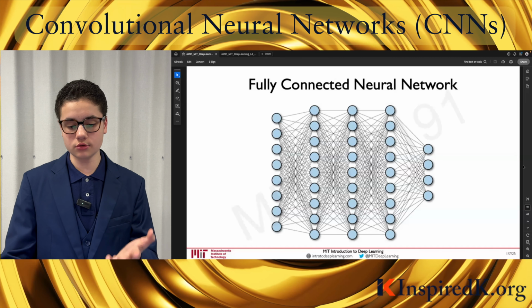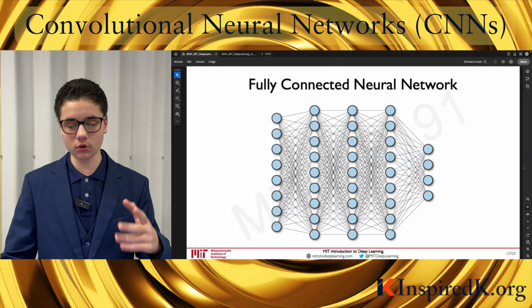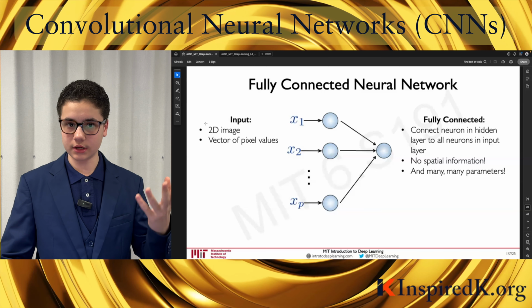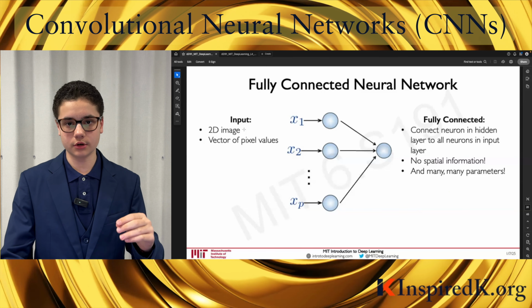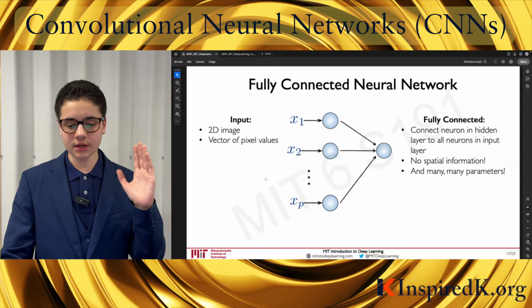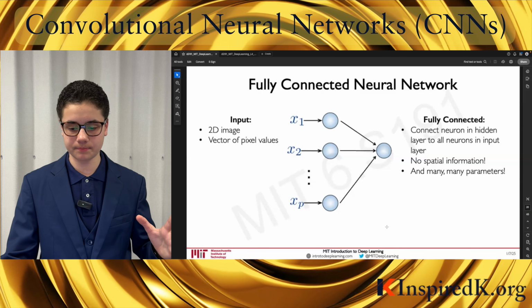And if we wanted to use this neural network architecture that is fully connected for our image tasks, we would theoretically take our 2D image, convert it to a one-dimensional representation as a vector, and pass all of those one-dimensional inputs at the same time.